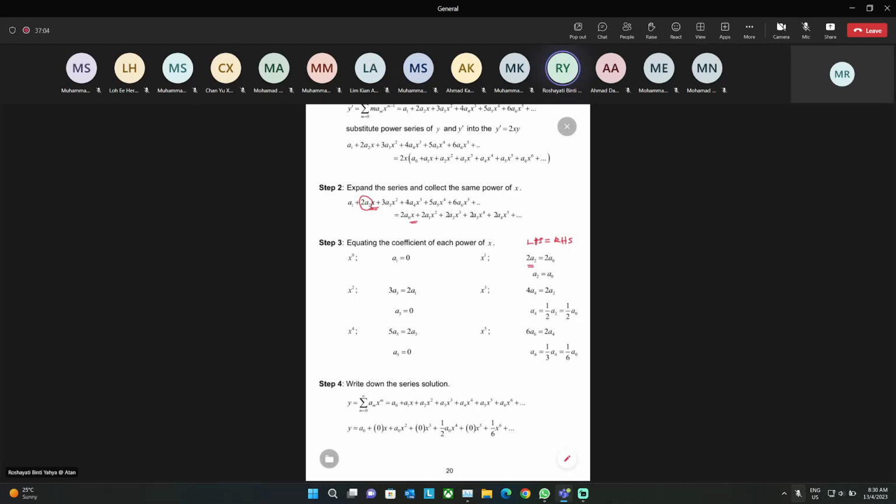On your right hand side, for x to the power of 1 is a0. Then you can simplify into a2 equal to a0.